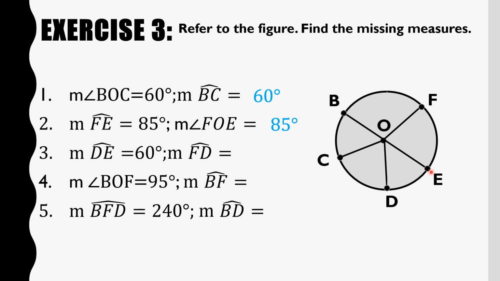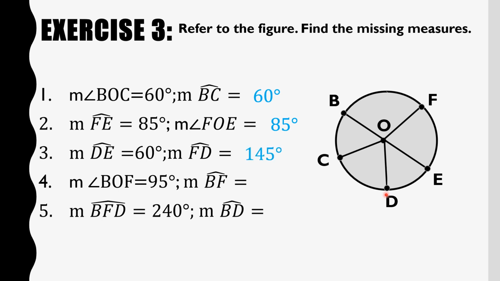For number 3, given that arc DE is 60 degrees, what is the measure of arc FD? Since we know that FE is 85 and DE is 60, by simply adding 85 plus 60, the measure of FD is equal to 145 degrees.